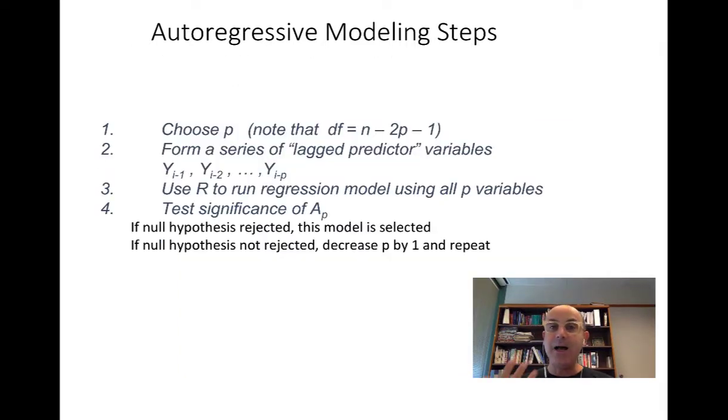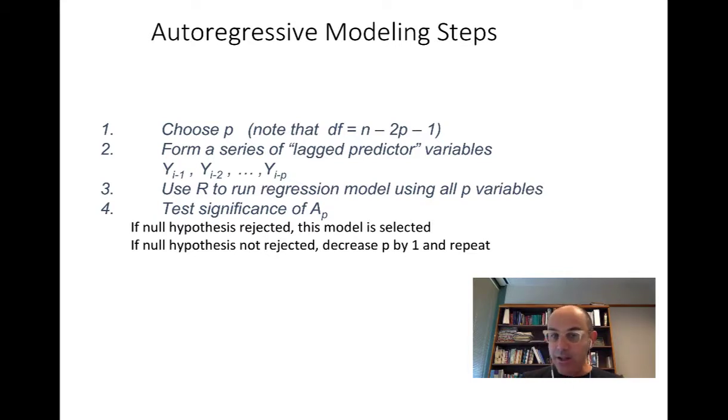So the steps that we often entail in autoregressive modeling is that we need to choose the p. We need to know the degrees of freedom, which is equal to n minus 2p minus 1. And from the standpoint of predictors, we have the y, y1, y2, and yp, and we are using R to run the regression analysis using all the p values.